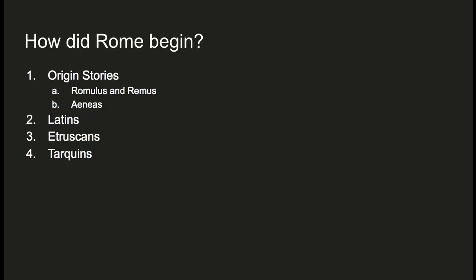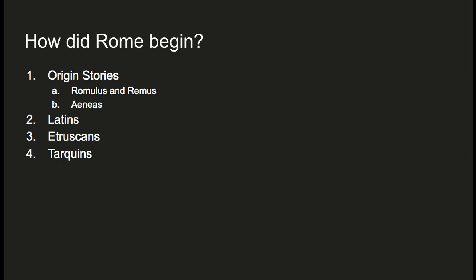The chapter is also going to talk about how Rome began, some of the origin stories. One that I really like and have always been interested in is the tale of Romulus and Remus. You guys will read a little bit about that story. And then you have the story of Aeneas, which comes from a book called the Aeneid. It ties Greek and Roman history together.